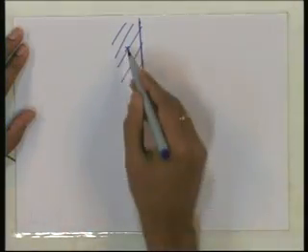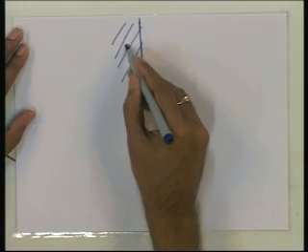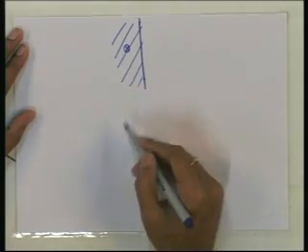So, suppose that the signal set is such that this point has a decision region of this type, a half plane on the left hand side of this line. This is our point and this is the decision boundary.